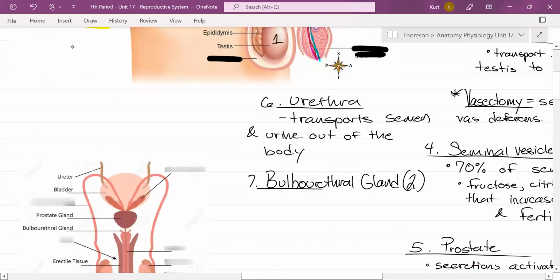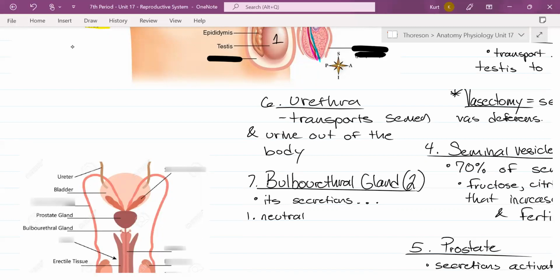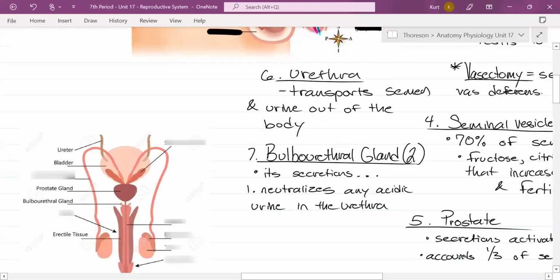Its secretions do 2 things. 1, it neutralizes any lingering urine that might be in your urethra. Urine could damage sperm. You got to get rid of it.